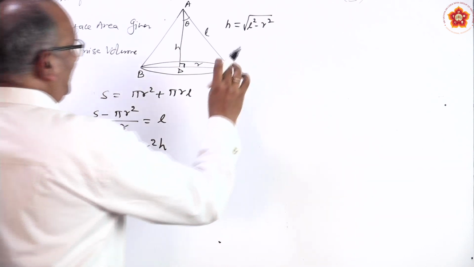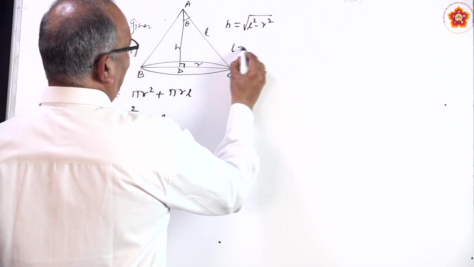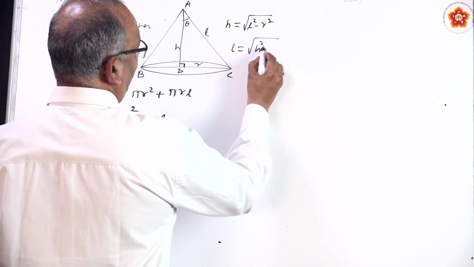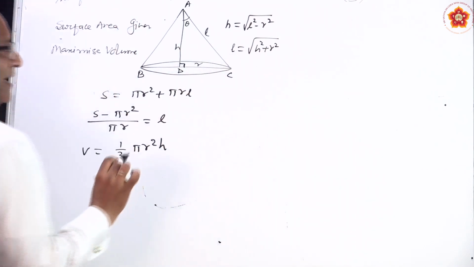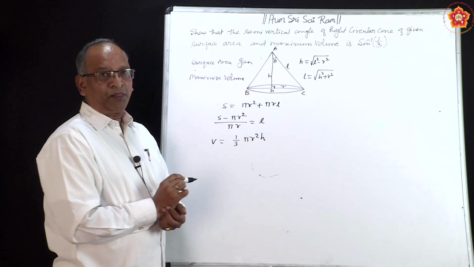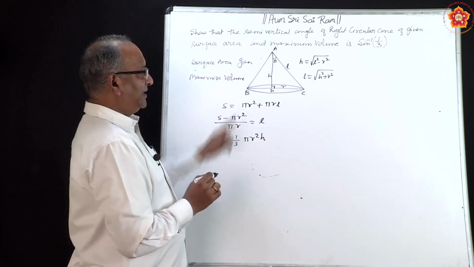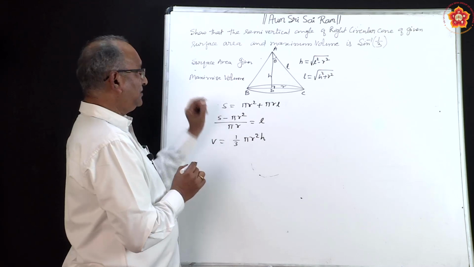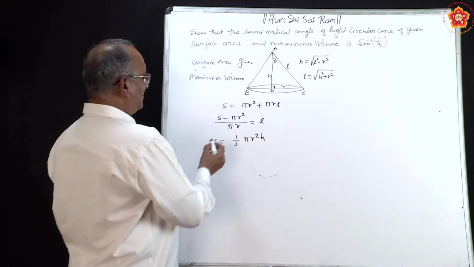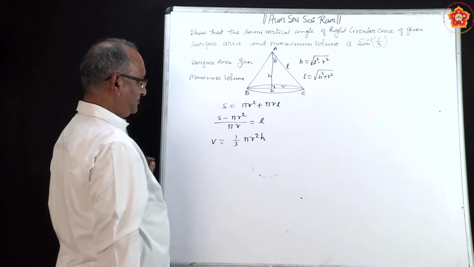Or you can simply write L is equal to under root of h square plus r square. As per the requirement, you have to do everything. Since h is equal to that, you can simplify it further also, that we will do later. But right now, this is the function.